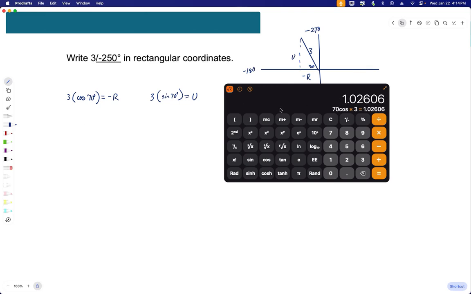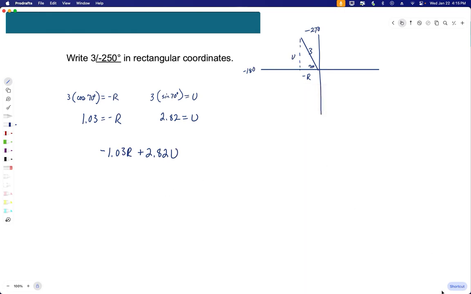We round that to 2 places, that'd be 1.03 equals negative r. And 70 sine times 3, that'd be 2.82 when rounded to 2 places. That's our u. So we would rewrite that as negative 1.03 r plus 2.82 u. And that would be our solution.